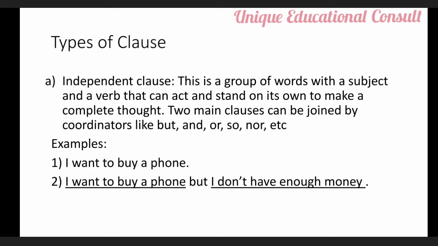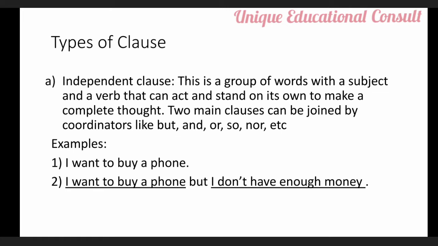So two main clauses can be joined by coordinators like but, and, or, so, nor, and some other coordinators. Let's take a look at the two examples that we have below. Number one, I want to buy a phone.